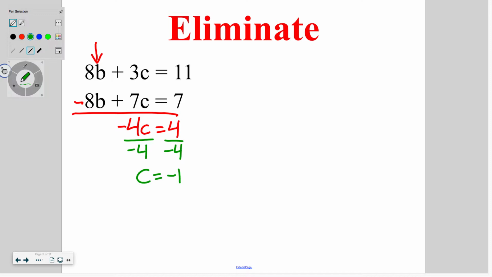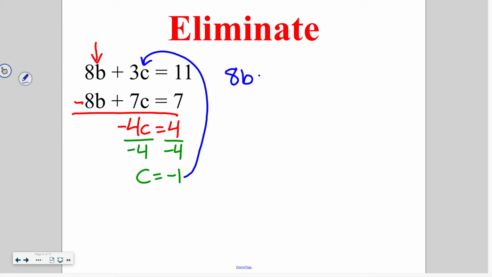Then I'm going to go ahead and plug that answer back in. It doesn't really matter which equation you choose. I'm just going to choose the top one. So I've got 8b plus 3 times negative 1 is equal to 11. 8b plus negative 3, which just turns into subtracting 3, is equal to 11.